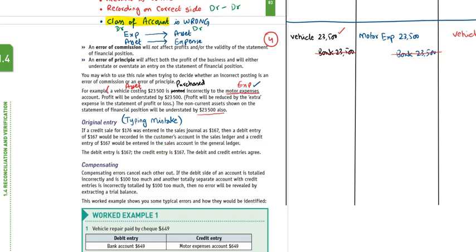The correct amount was 176, but instead of recording 176, we wrongly recorded 167. So 167 is the wrong amount, but the correct amount was 176. So the original entry error happens due to a typing mistake, and normally this mistake is related to the wrong amount.